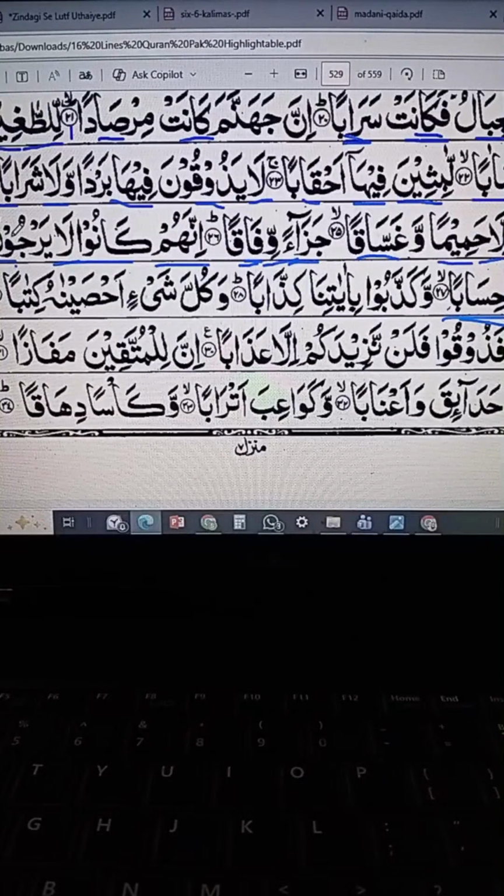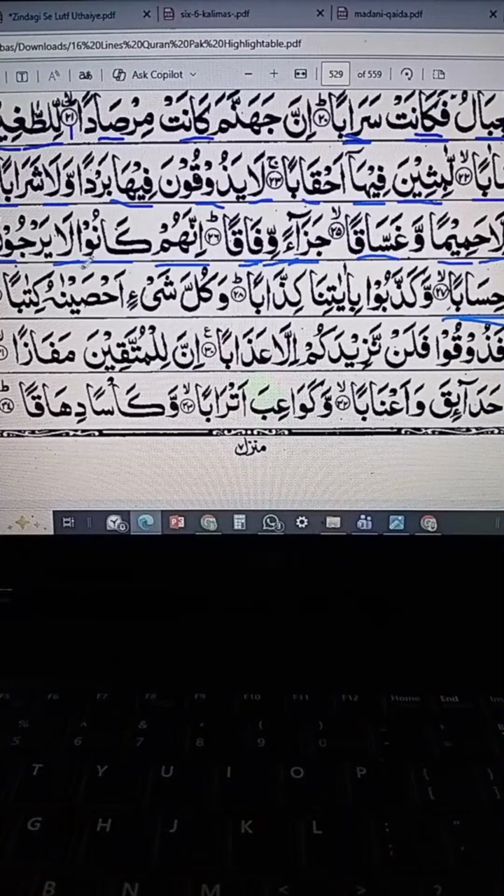And the definition of waw madda: when there is a pesh before a waw sakina, not only waw, waw should be sakin. So when there is a pesh before waw sakina, it will be stretched. La yarjuna, not la yarjuna, la yarjuna hisaba. So all the alif madda and waw madda are here. We have to read it again.